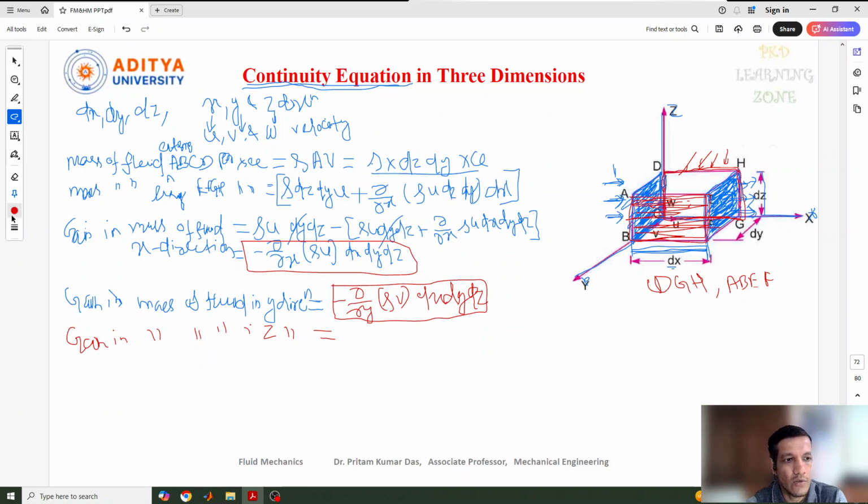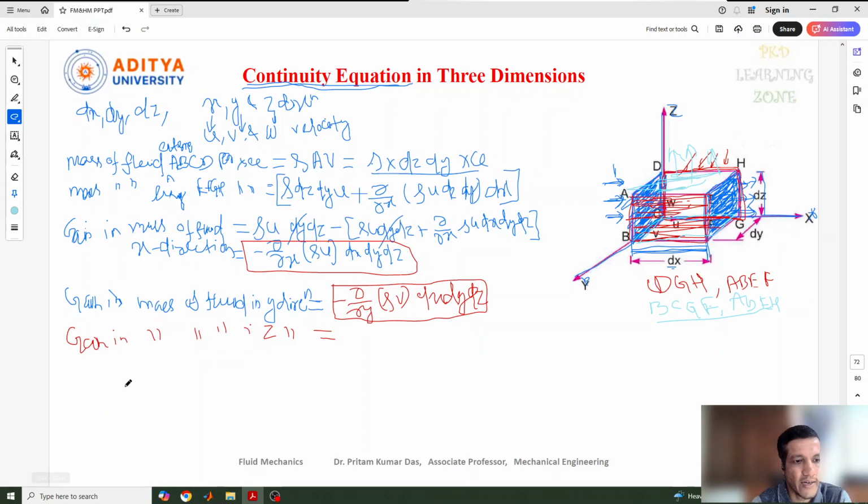So z direction means this is the surface, BC, and this is G, and this is F point actually, which is not visible due to this highlighting, and this upper surface is this one. So that is z direction, BCGF. Another one is ADEH, or ADHE, this one. So this is the surface for the z direction.